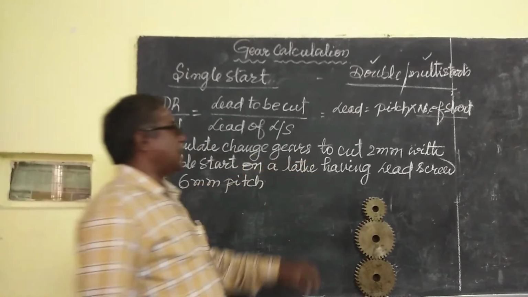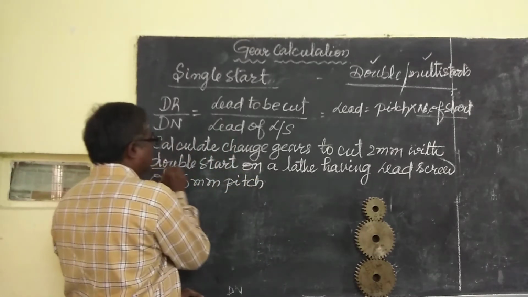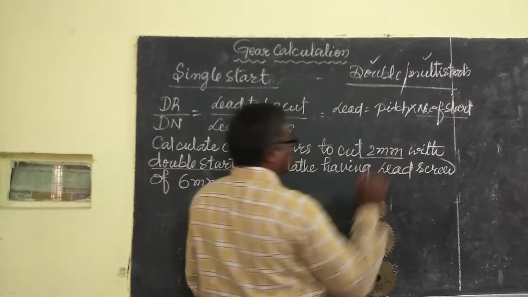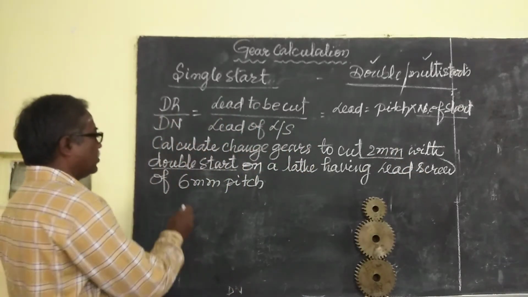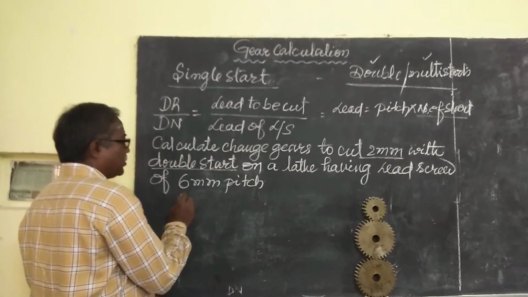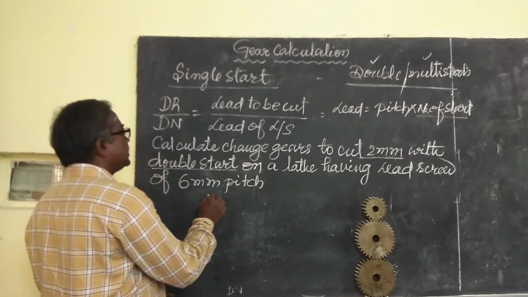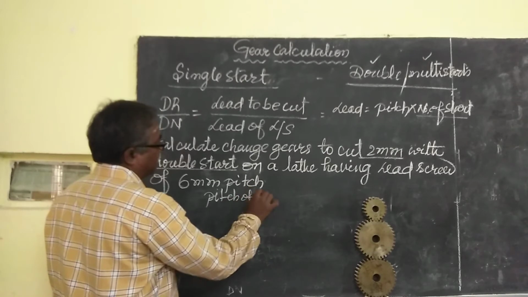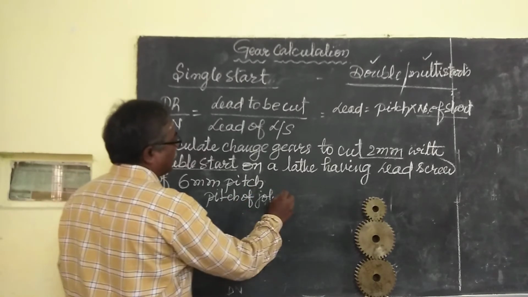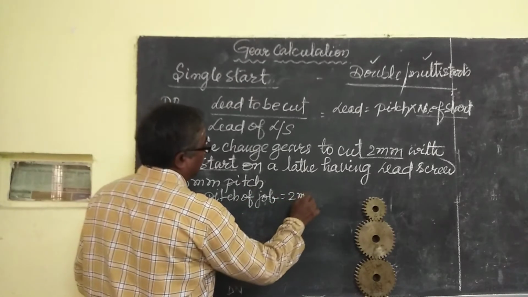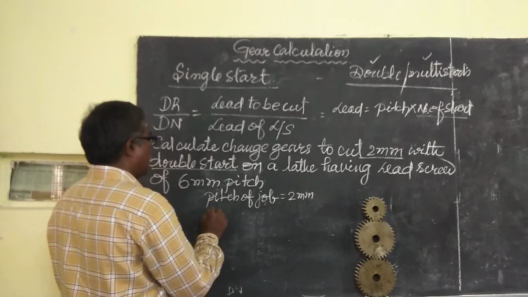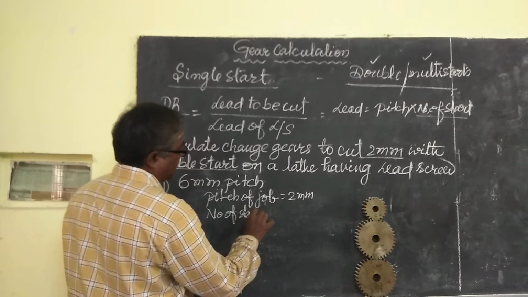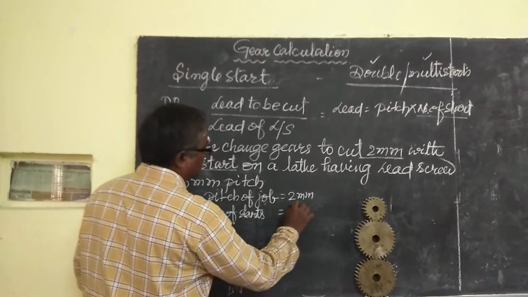So how many starts are here? Double start. What is the pitch here? 2. So now the formula: what is given? Pitch of job equals 2 mm. Number of starts equals 2.